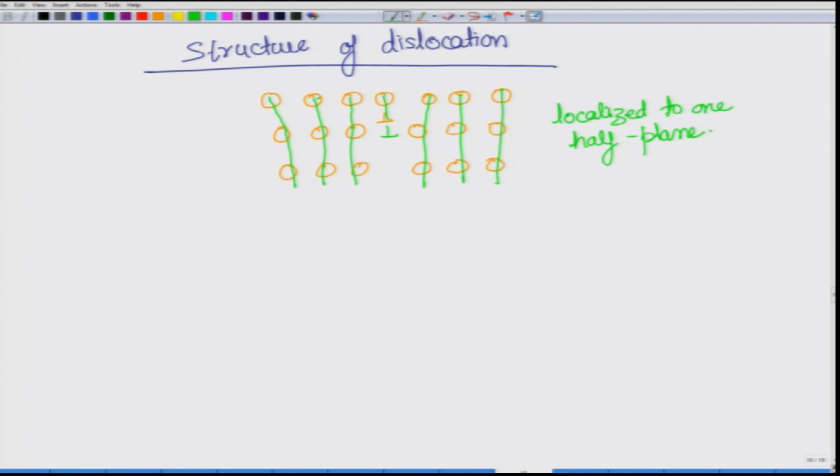So, even before we start getting to understand more about dislocation, let us be very clear that these are not really localized. The way it would look in a real structure should be something like this.